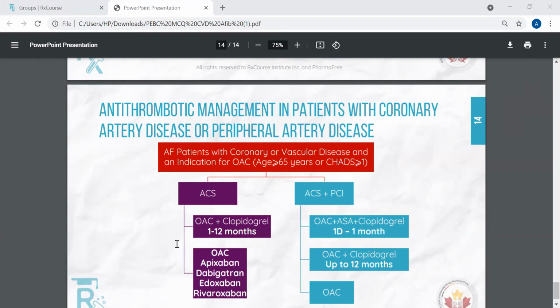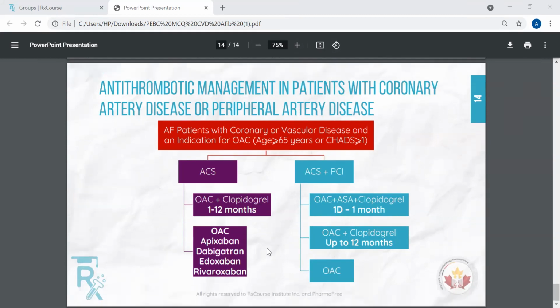So if the patient has ACS, something like angina, STEMI, non-STEMI, whatever, I will give him oral anticoagulant plus clopidogrel from 1 month to 1 year, depending on the doctor selection and the risk factors and a lot of factors to be considered here. Okay. This is one option.